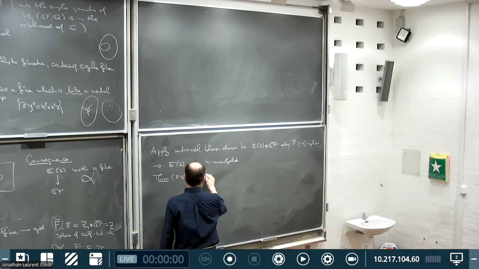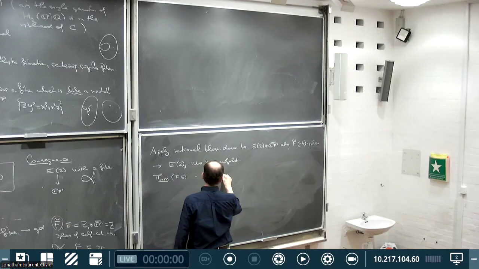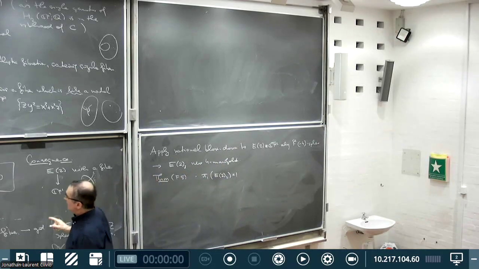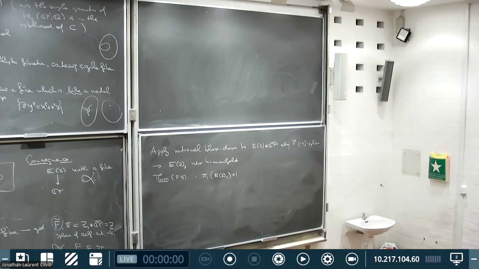So the first one is that pi 1 will be still trivial. You have to remember that E2, the original guy, was simply connected, and I claim that the new manifold will be also simply connected. And the reason is that there was a sphere in E1 intersecting this fiber in one point. Any of the blowups will provide such a sphere that intersects at one.